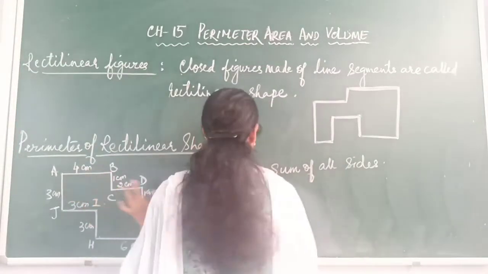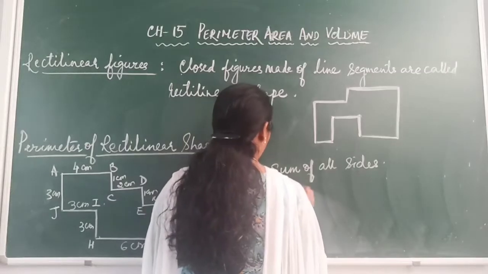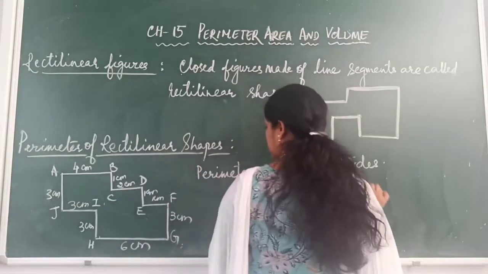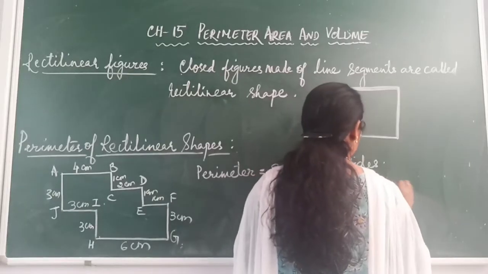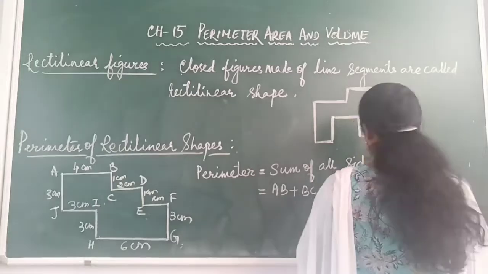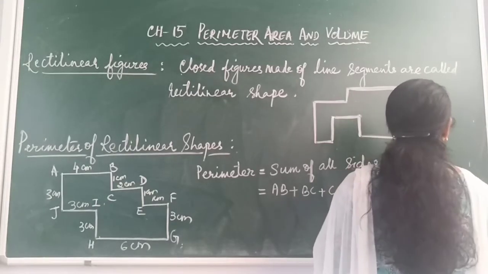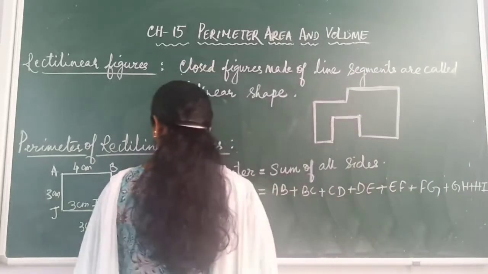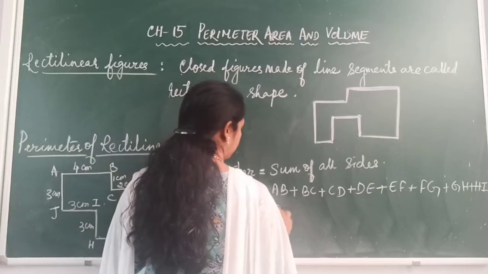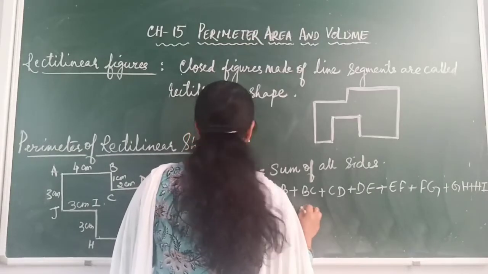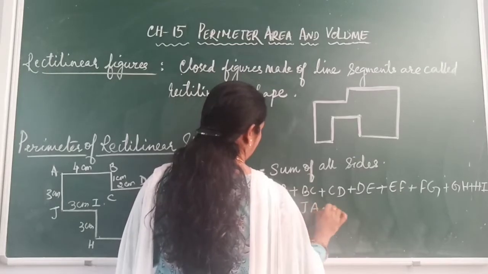So AB plus BC plus CD plus DE plus EF plus FG plus GH plus HI plus IJ plus JK.